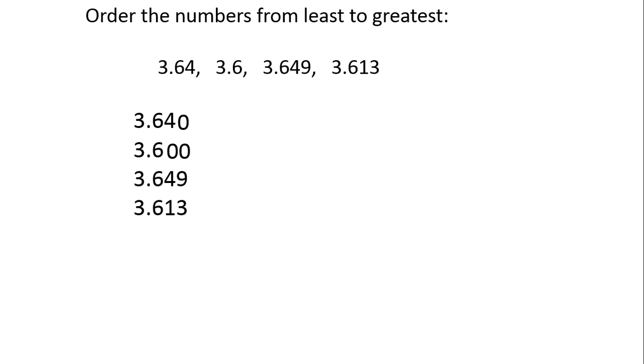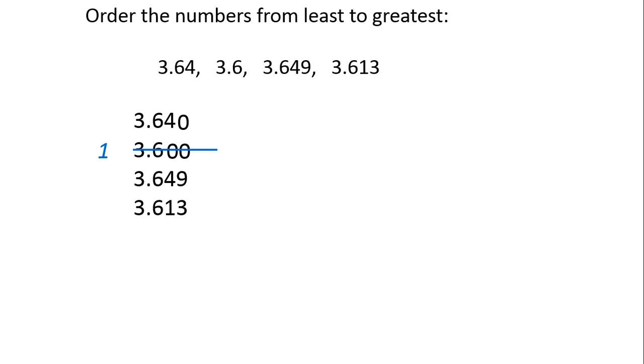The first number has 4 hundredths, the second number has no hundredths, the third number has 4 hundredths, and the last number has 1 hundredth. And we're looking for the least number, which means 3 6/10ths, which we now have written as 3 600/1000ths. That is the smallest number. So we're going to mark it with a 1 and then mark it off the list because we've already ordered it. It is the smallest number.